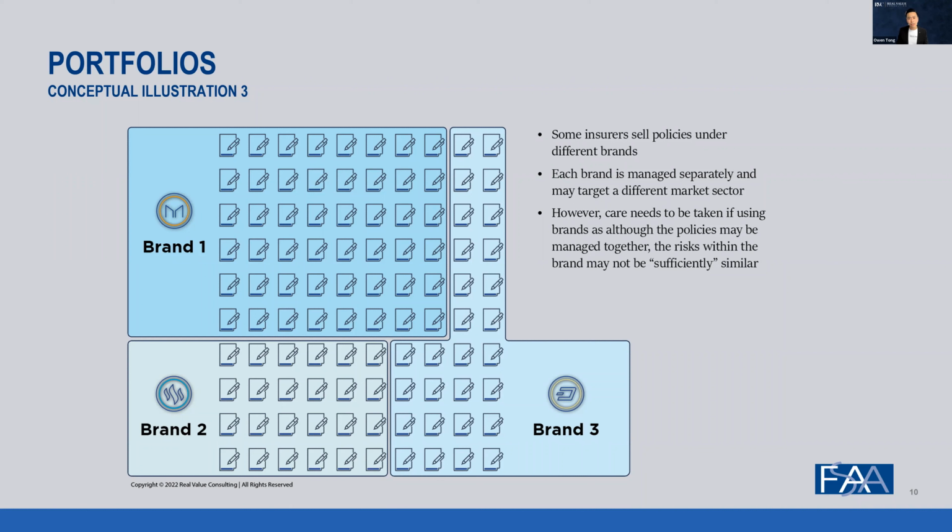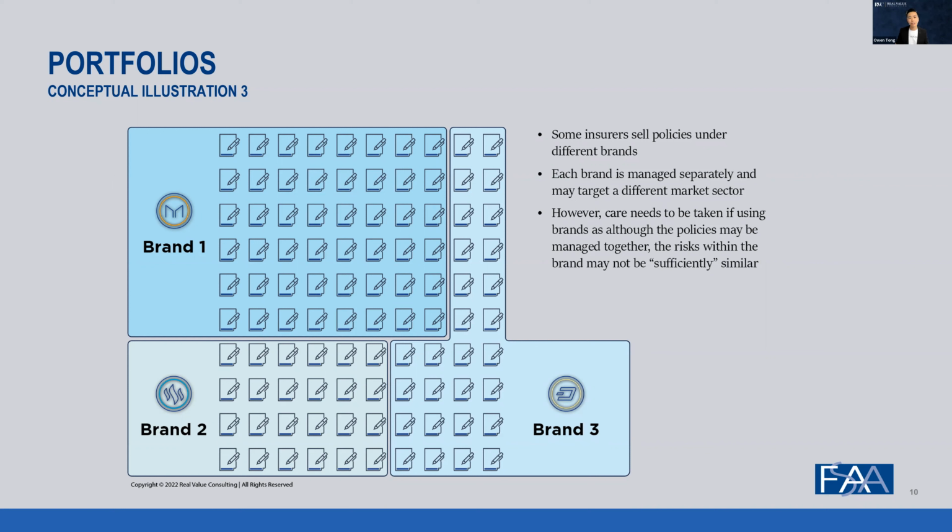So one of the risks in this way is that you could have a brand that's different from a second brand, but you could have risks between, say, brand 1 or brand 2 that are similar. So you could have brand 1 and brand 2 both insuring motor vehicles. And then should you group it by motor vehicles or should you group it by a brand?